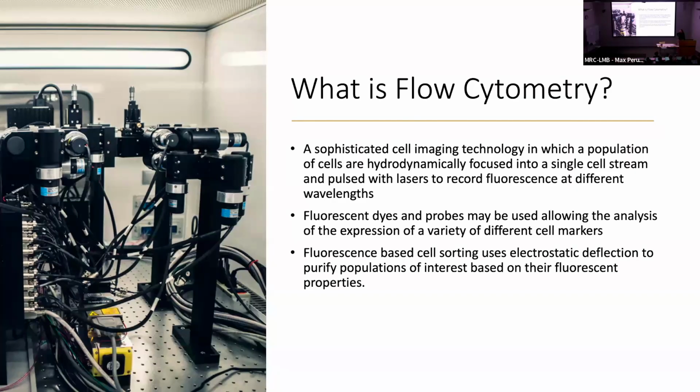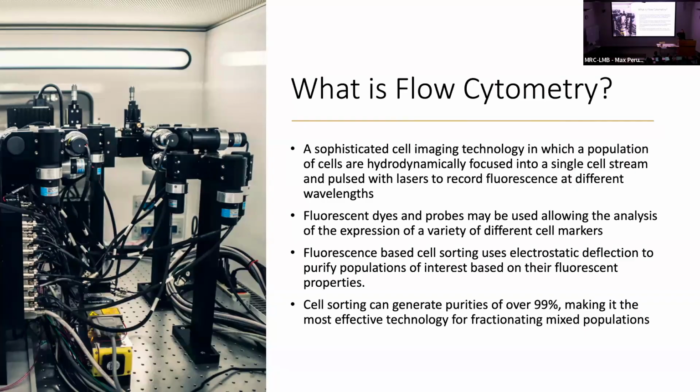And then if you take that one step further, we can actually purify populations of interest using fluorescence-based cell sorting, which applies electrostatic deflection to cells that are placed into drops to purify these populations based on their fluorescent properties. And cell sorting is still the most efficient way to essentially purify your populations of interest with over 99% purification.